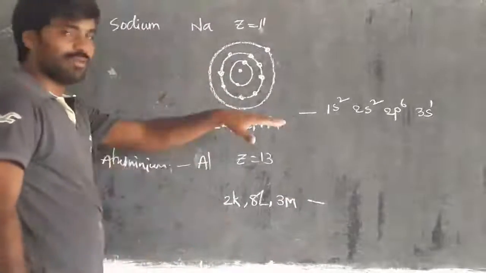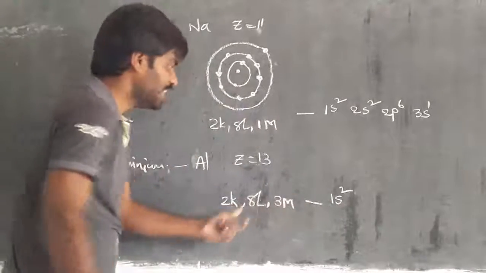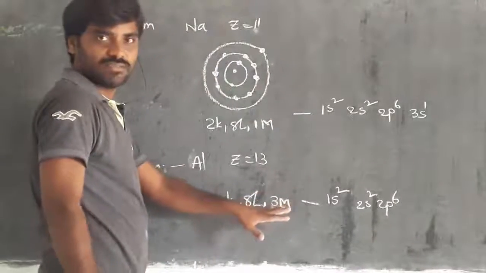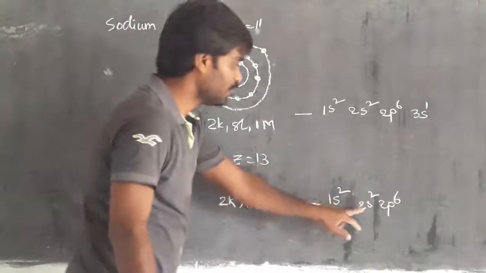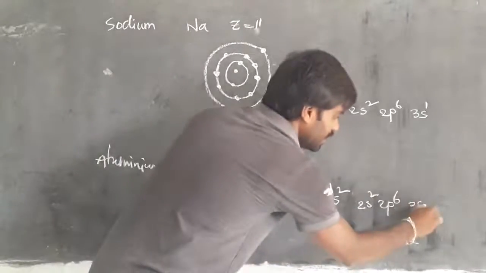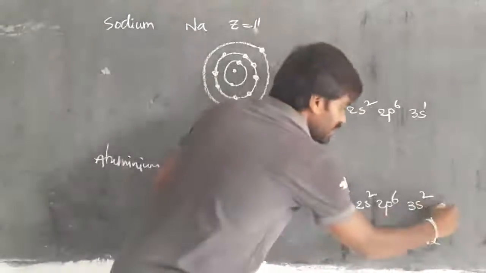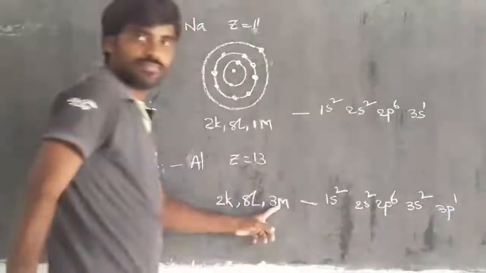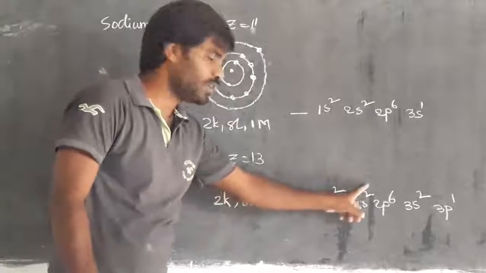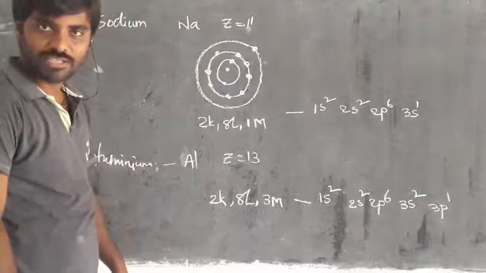So 2K means 1s2, and 8L means 2s2, 2p6 as it is. Whenever you get 8L, we write 2s2, 2p6. Then 3M means we write 3s2. Still one electron is left. After 3s, 3p is filled. So the aluminium electron configuration is 1s2, 2s2, 2p6, 3s2, 3p1. Have you got clarity? Understood?